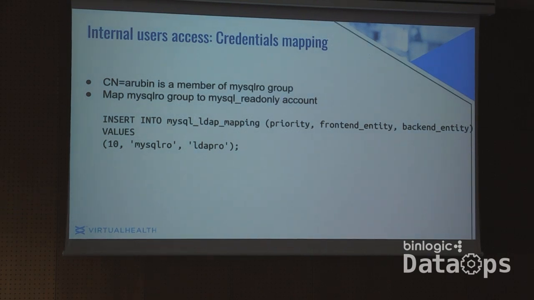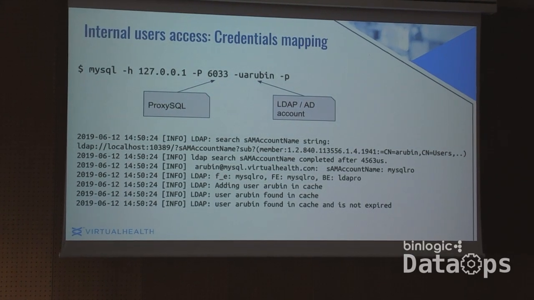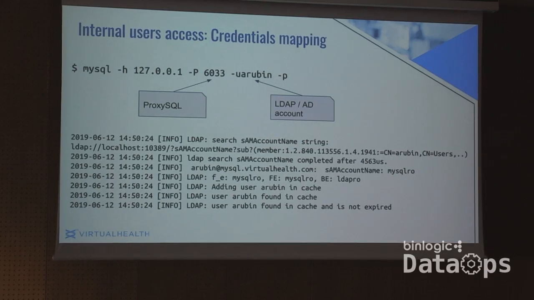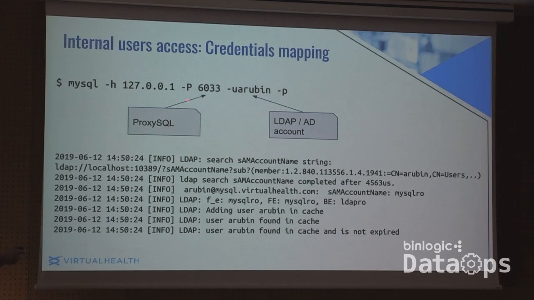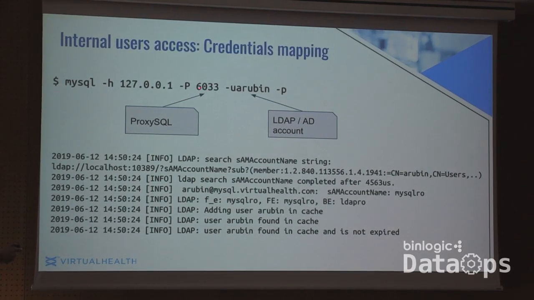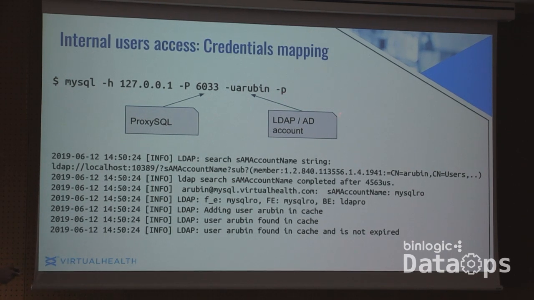So how do I use this? I connect now to ProxySQL as if it is MySQL. So same protocol. I use a different port here. This is the ProxySQL port. I use my username and I use the password. This is my LDAP, or actually Active Directory account.